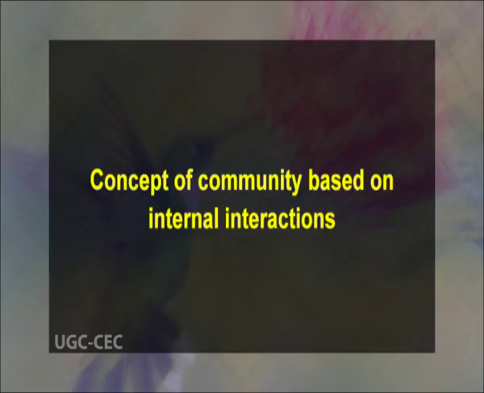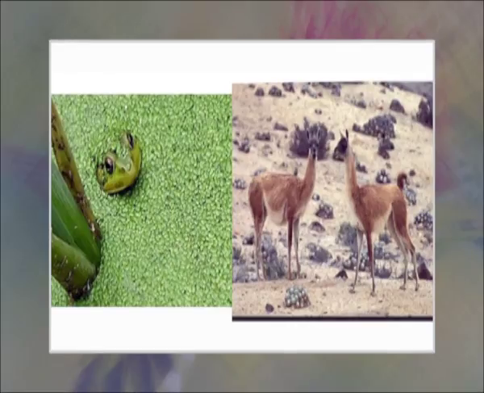Now let us know about the concept of community based on internal interactions. It was Taylor, 1988, who suggests the cybernetic, that is self-regulating feedback system, conception of the community. In describing this concept, Kendeigh, 1961, asserts that a community is an aggregation of organisms which form a distinct ecological unit.